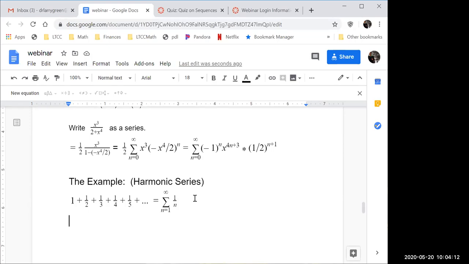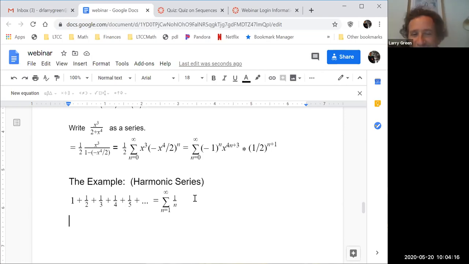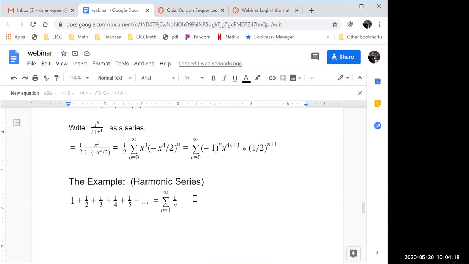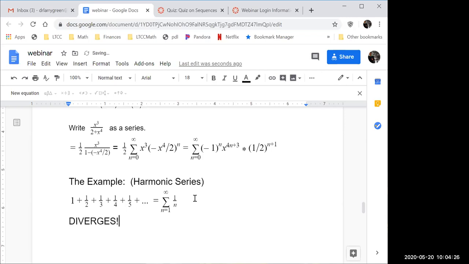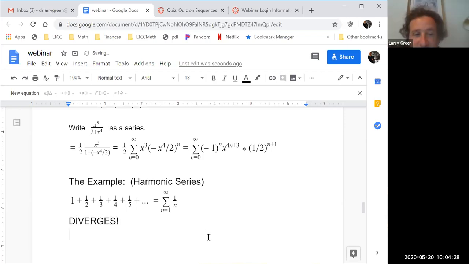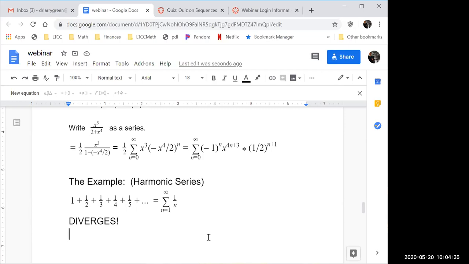Yeah. One more guess. So I'm going to shout it out spelling-wise. This diverges. Okay, it's the most important divergent series there is. And it's not obvious that it diverges.